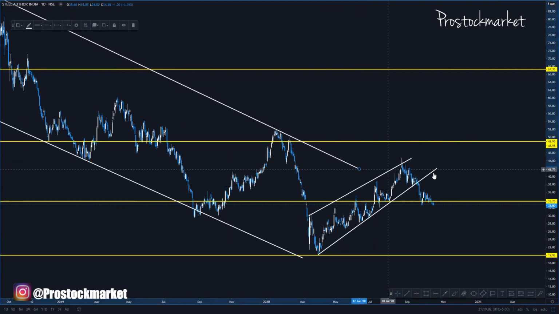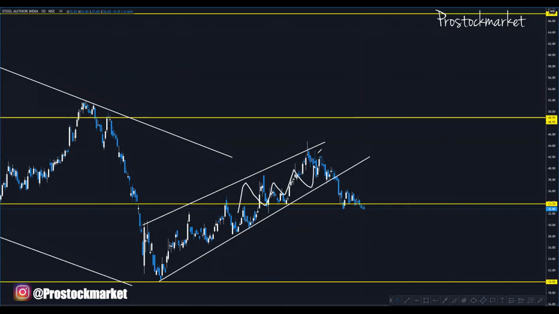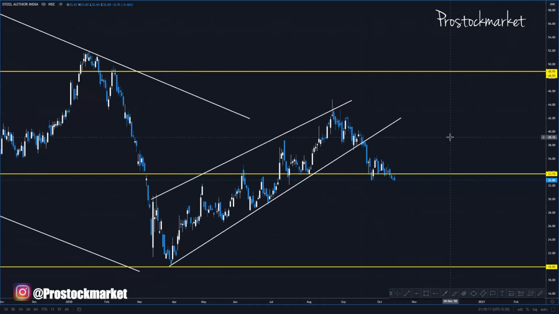What is this? It's an ascending channel. Or else you can call it a big bear flag, right? So it's a continuation pattern, meaning the market may fall down. Anything can happen. Obviously this is an ascending channel or a bear flag, which is a reversal pattern, which means maybe chances are there for the market to fall down.